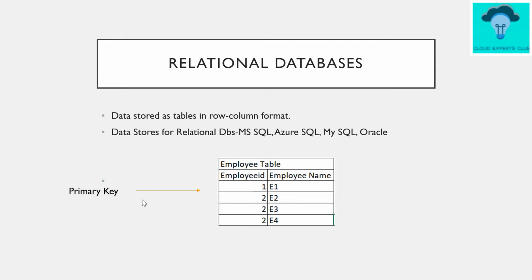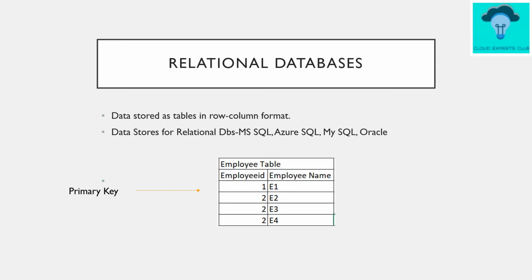In a relational database, the unique attribute of a table is called a primary key. It's important to understand because you use the primary key and foreign key concepts a lot while discussing relational databases. We'll come to it in later sessions, but this is just an introduction.